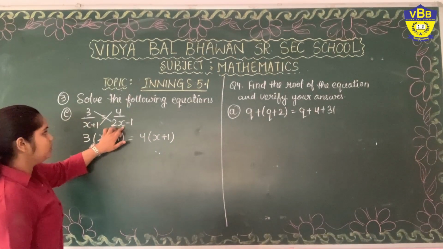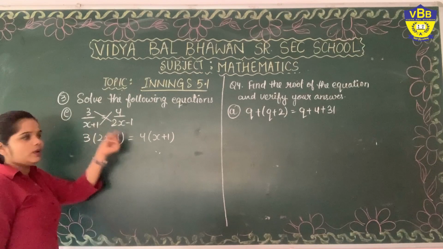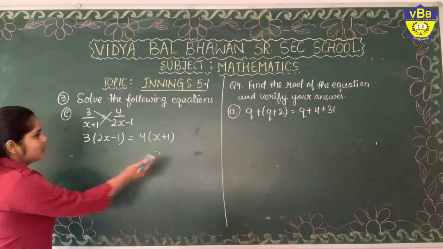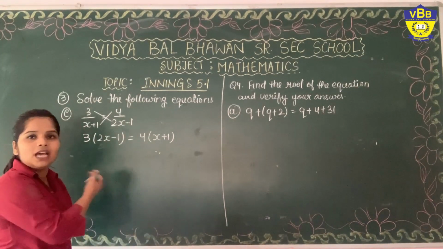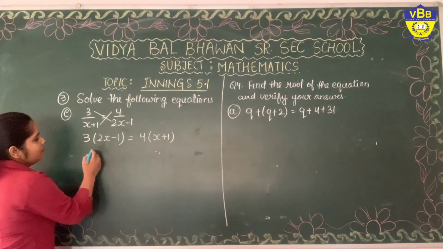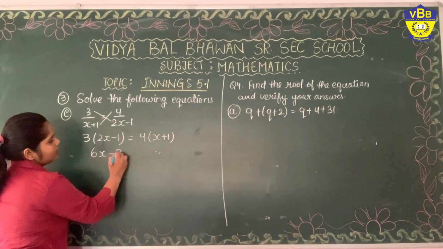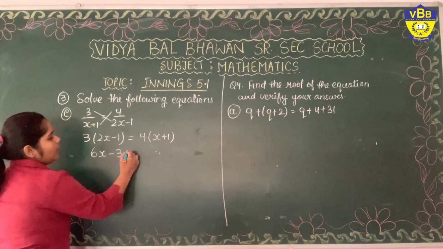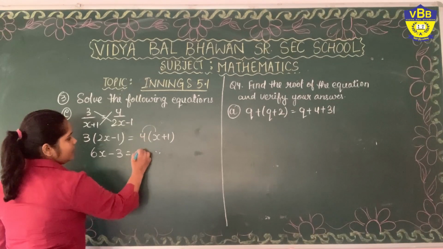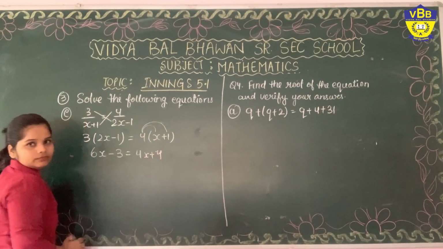Now it is very simple. Open the bracket. We have solved this type of question. 3 multiplied by 2x will be 6x minus 3 multiplied by 1, it will be 3. On the other side, 4 multiplied by x will be 4x and 4 multiplied by 1 will be 4.